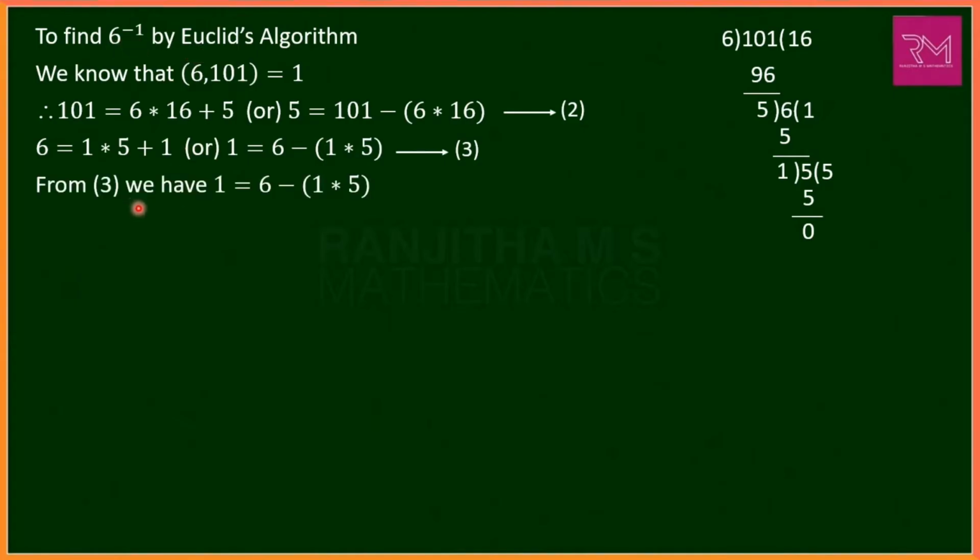From equation 3 we have 1 equals 6 minus 1 into 5. Next, we have 5 equals 101 minus 6 into 16. From equation 2, substituting the value of 5, we get 6 minus 1 into the bracket 101 minus 6 into 16.